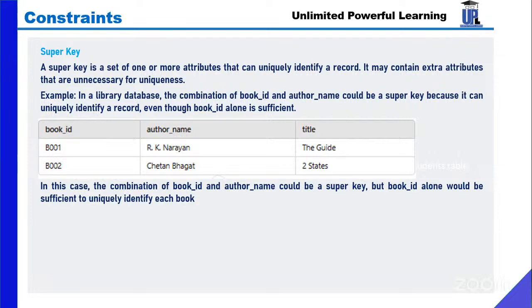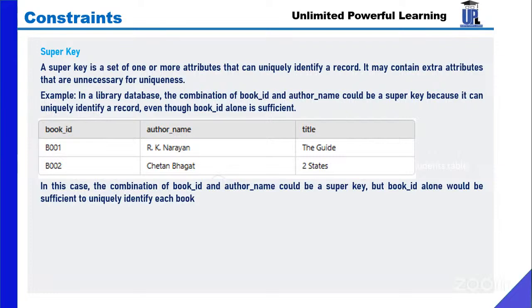Whereas a candidate key satisfies all the rules and regulations. If you take any table, I may have 8 to 10 columns out of 25 that all meet the definition of a primary key. Assume that. But I cannot take all the columns; I have to choose only one.